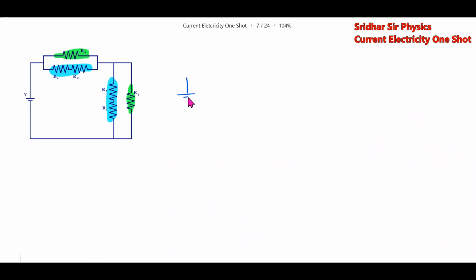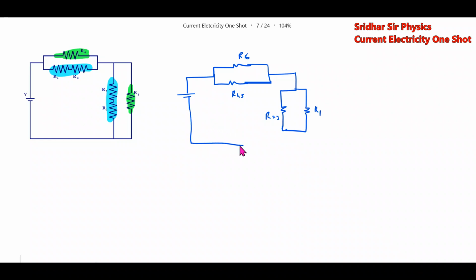the circuit we can show like this. R6, R4, 5. Here R2, 3, R1.